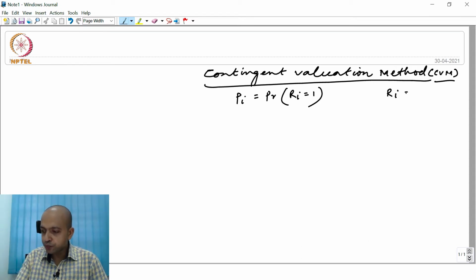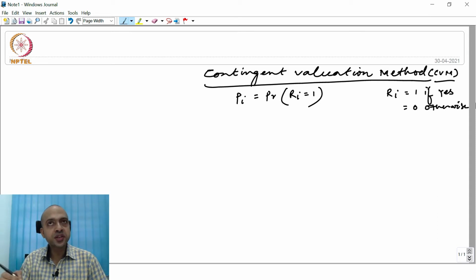Ri equals 1 if yes and 0 otherwise. That means when the individual is asked to contribute a specific amount, which we denoted as Ai, whether the individual will say yes or no. What is the probability that the individual will say yes for a specific bid amount?